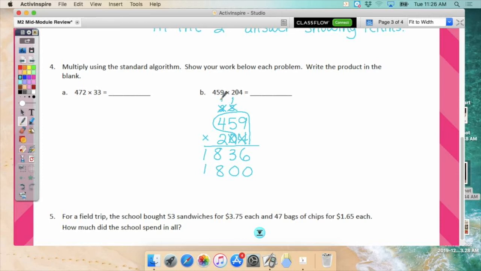And 4 times 2, plus 1 more. Now add it up. And write it on the line. 93,636. Okay? And you'll do the same thing on A, but not right now.